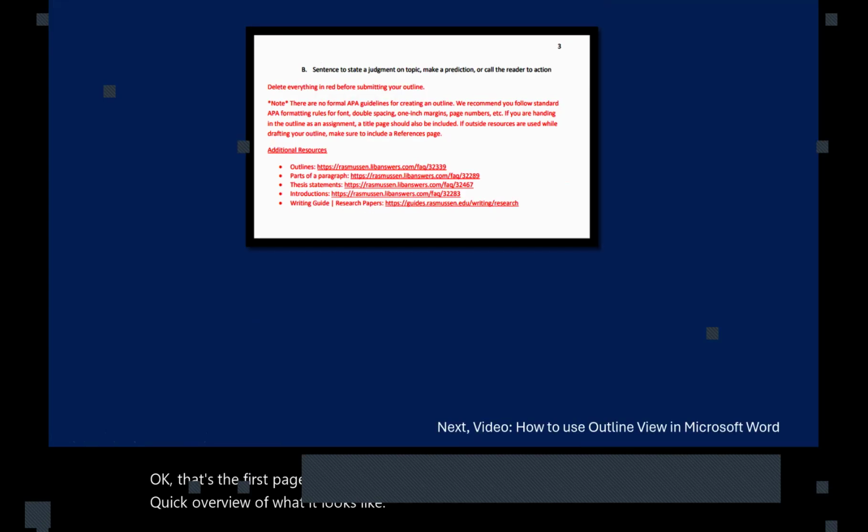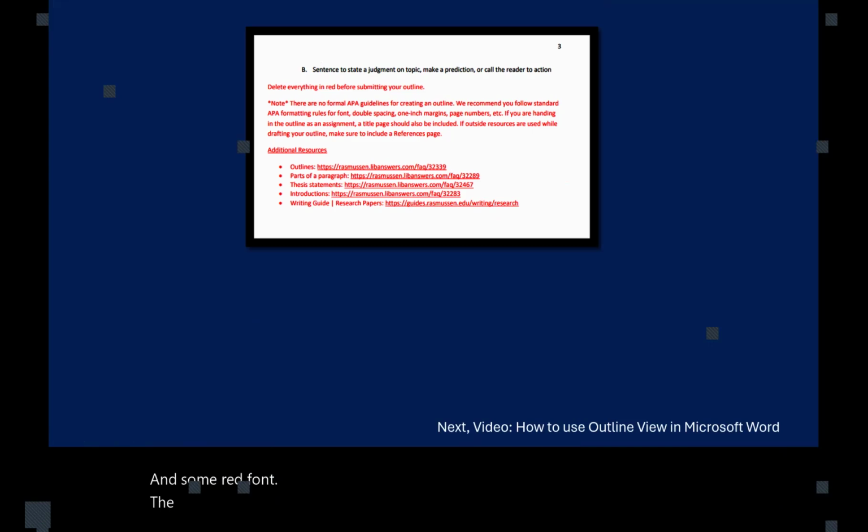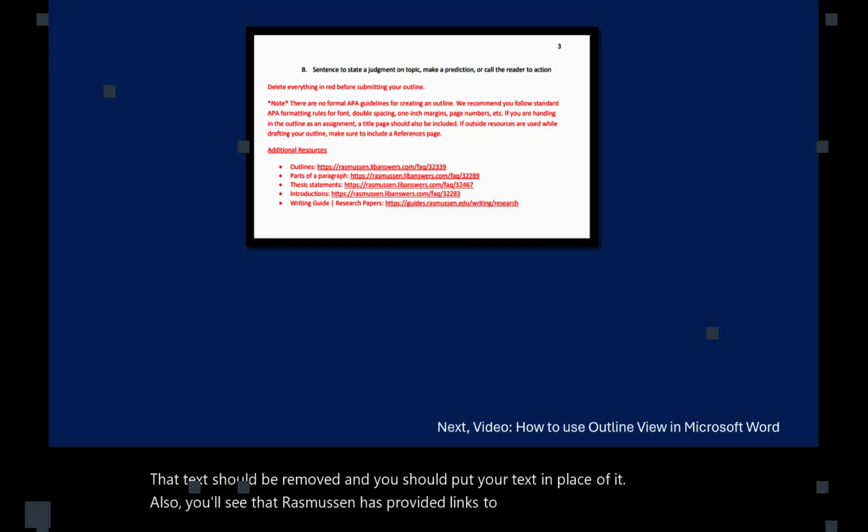And some red font. The template contains text. That text should be removed, and you should put your text in place of it. Also, you'll see that Rasmussen has provided links to other resources that you might like to use.